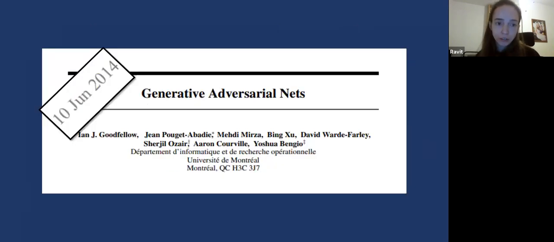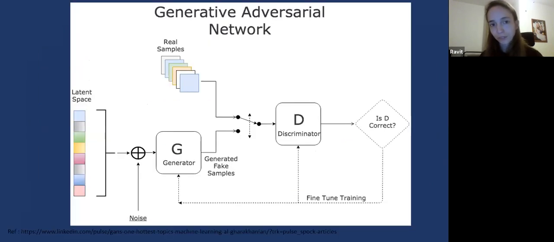In 2014, Ian Goodfellow published his article, Generative Adversarial Nets, or in short, GANs, which instigated the use of GANs in deep learning. I will discuss GANs shortly right now. GANs are comprised of two networks, generator and discriminator, and both compete in a zero-sum game.